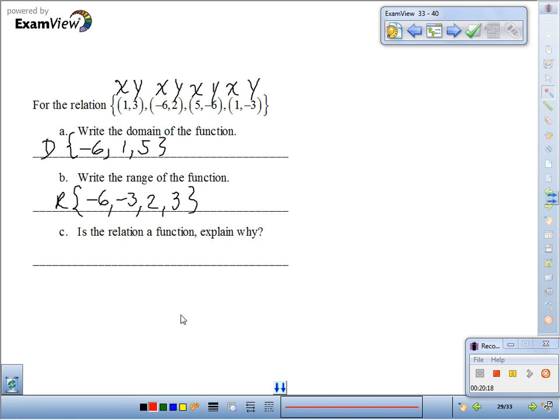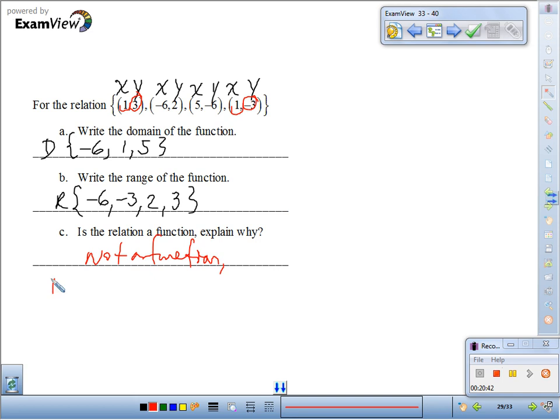No, because there's two x's that are the same. Which x's are the same? 1 and 1. They repeat. And if they repeat, the y's need to be the exact same number. Let's see. What is the y for this one? 3. What is the y for this one? Negative. Therefore, not a function.